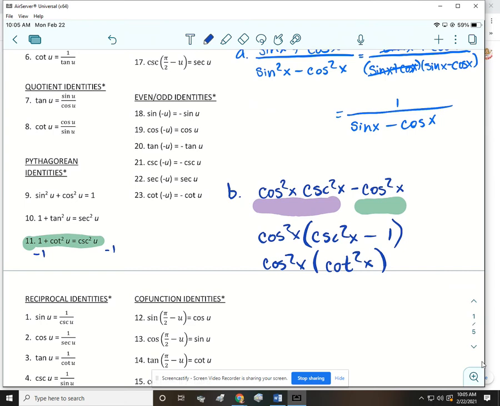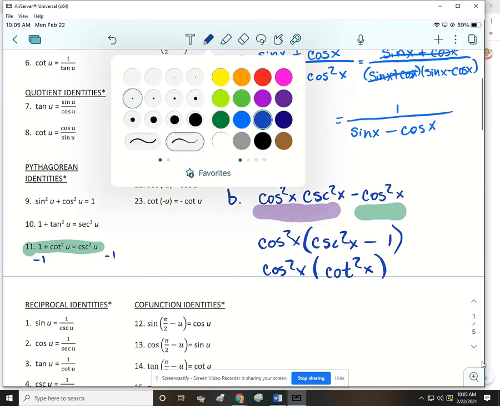Like, if it had been a tangent squared, we definitely would want to use number 7, because then you could see that cosine would cancel. But it's just not going to make it any simpler if we change it to a fraction. So this is it. This one is finished. I know it doesn't feel like it should be, but it actually is as simple as we can get it.